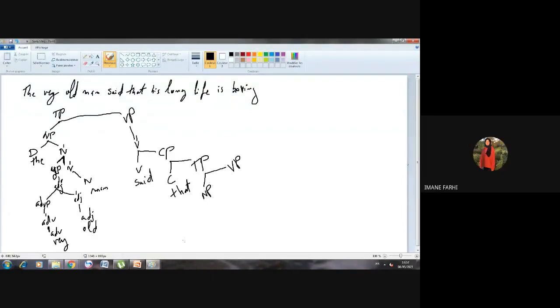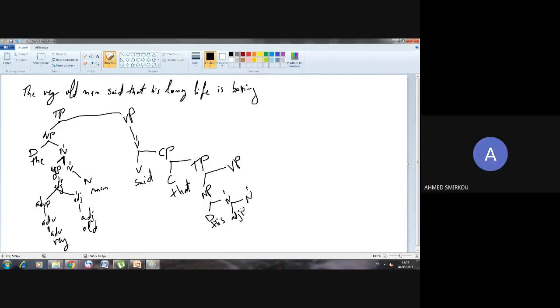From the NP, we branch the determiner and then an N bar. The determiner is what? Is the determiner. Good. N bar. From the N bar, we branch the adjective phrase and then another N bar.